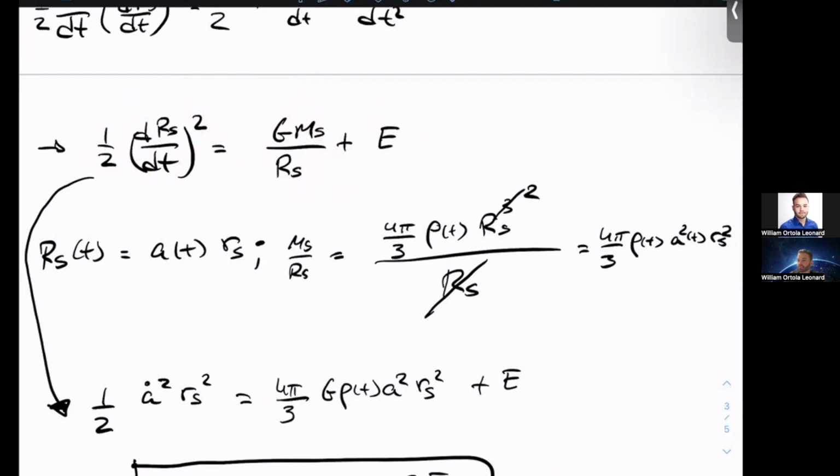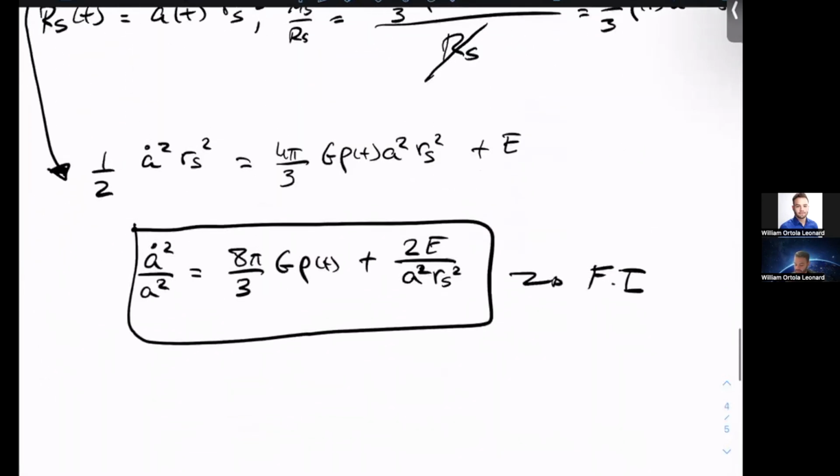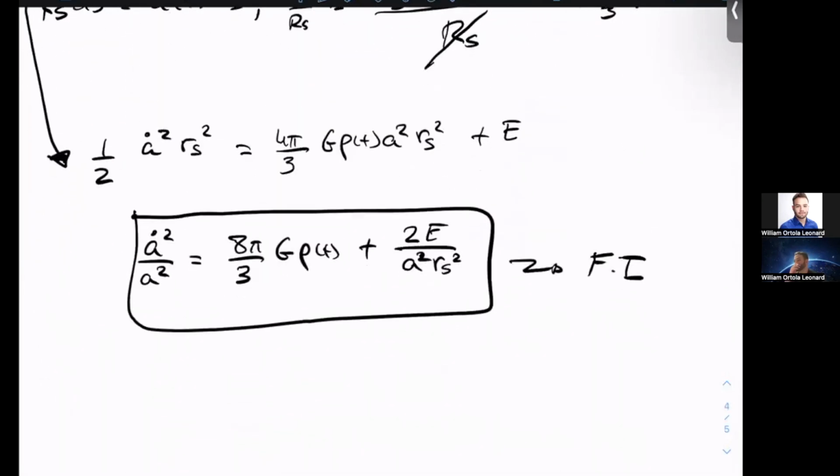So what is this telling us? What is this telling us about our universe, about how it should work, how it has to work, okay? What this is telling us is, if we have a universe which is already expanding, this means that a of t must be greater than 0, okay?